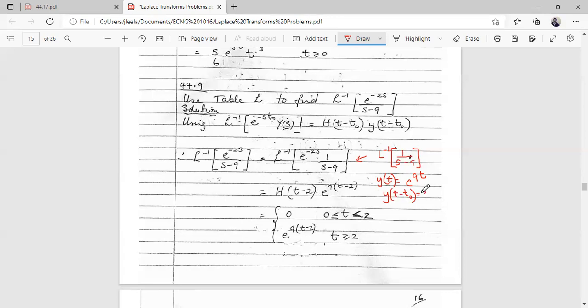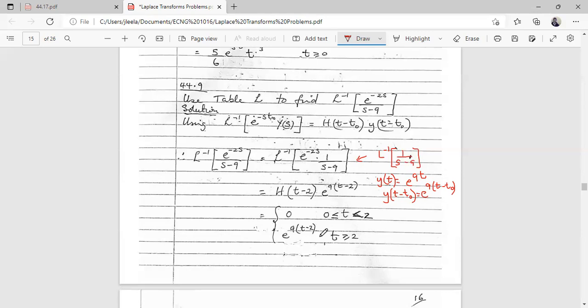Just like any other function, this will be e to the 9 times t minus t naught. And we know our t naught already. Our t naught is 2. So that will be the Heaviside at t minus 2, times e to the 9 times t minus 2.